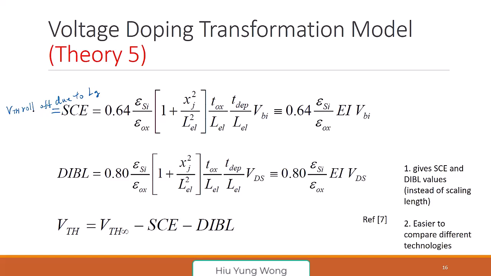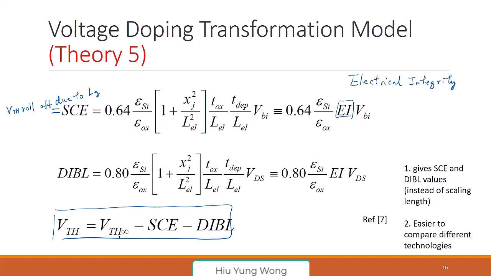And he introduced something very important called electrical integrity. Your final threshold voltage is just the original threshold voltage, meaning LG equals infinity, minus these two numbers. You give me all this quantity, I will know the result.